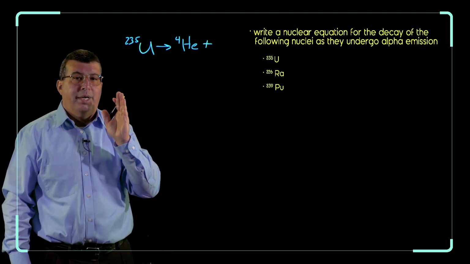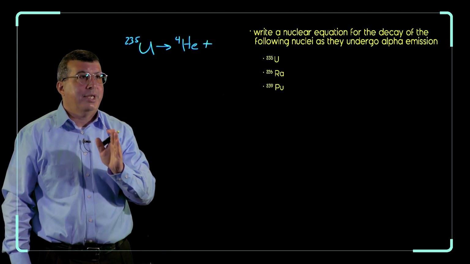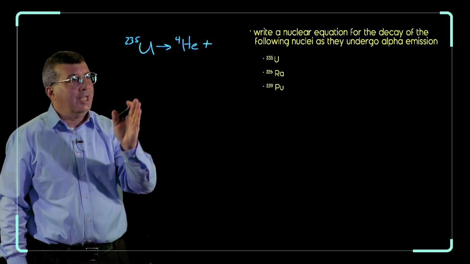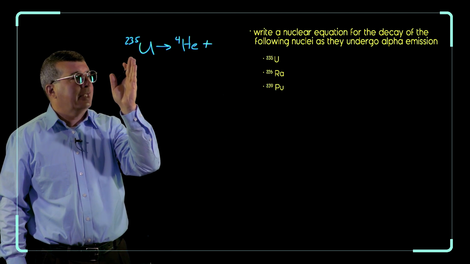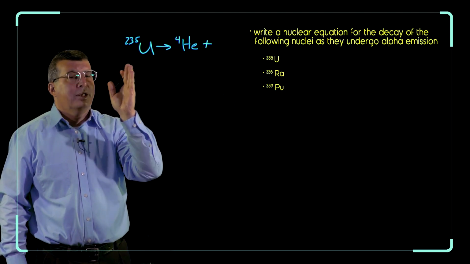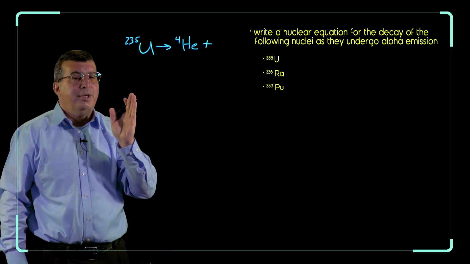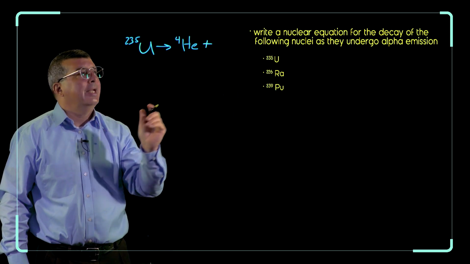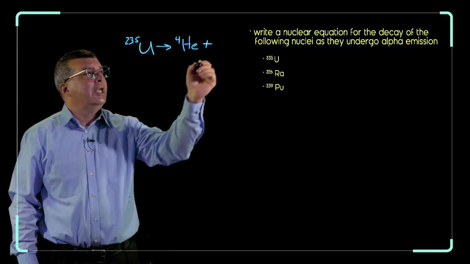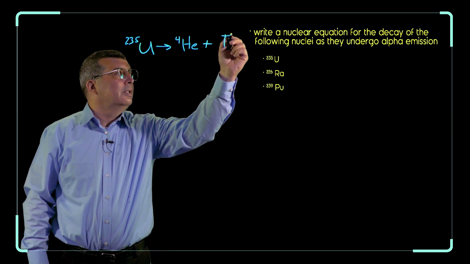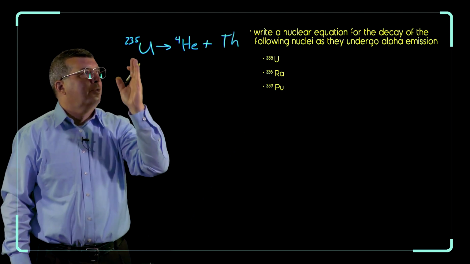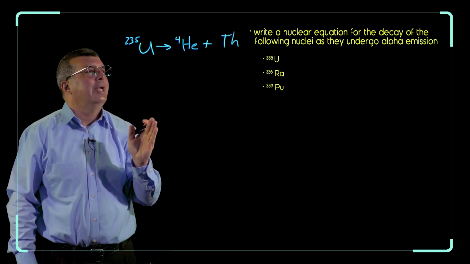So our atomic number will decrease by 2. We look at our periodic table. Uranium is element 92. It loses 2 protons, so it becomes element 90. Element 90, consulting our periodic table, is thorium. Okay, so uranium becomes thorium.